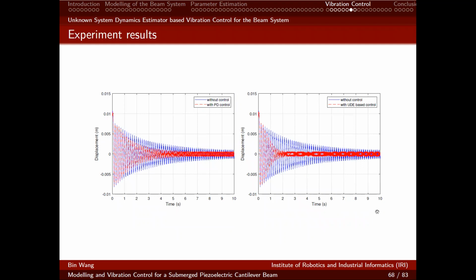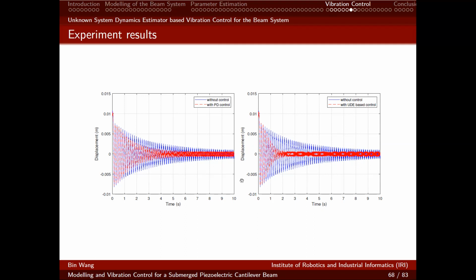We conducted the experiments for the USD-based control compared with PD control. We can see in the left figure the PD control and in the right figure the proposed USD-based control.